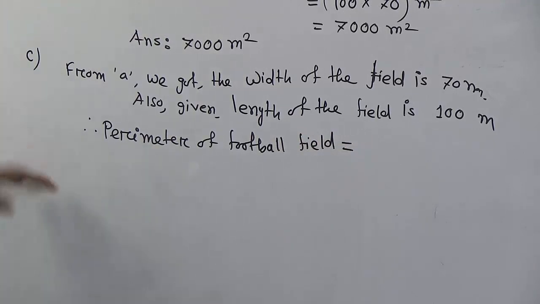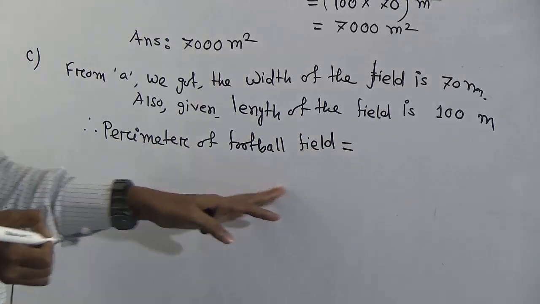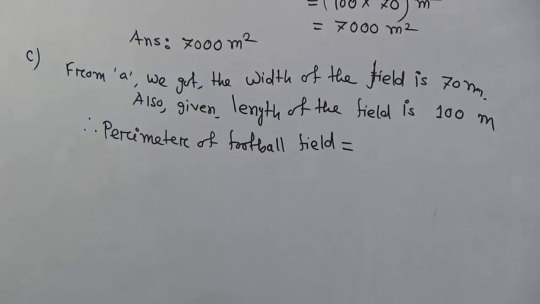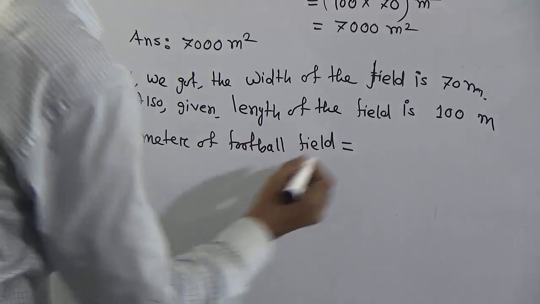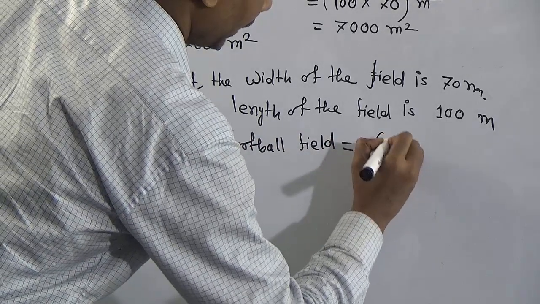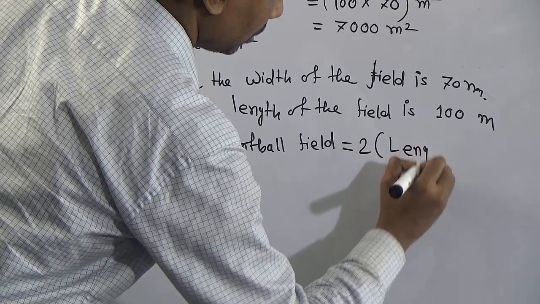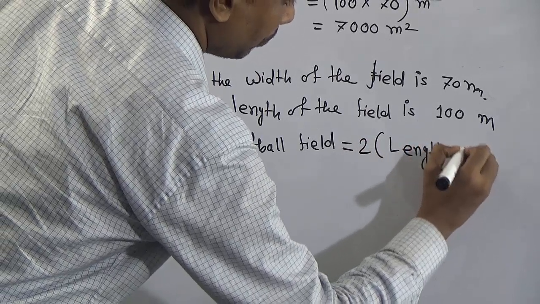Look student, the football field is a rectangle. Therefore the perimeter of the football field will be 2 into length plus width.